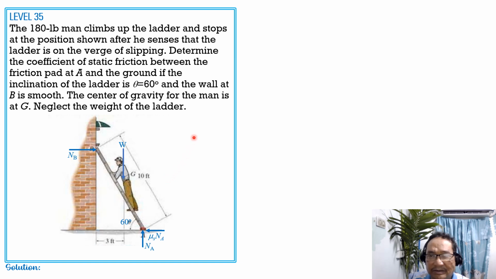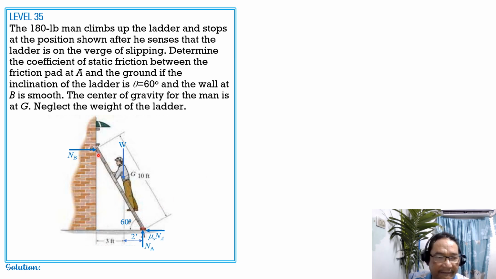So the horizontal projection of the length is hypotenuse 10 times cosine 60, so that's 5 feet. Since the distance from B horizontally to the center of gravity is 3 feet, and this must supposedly be 5 feet, therefore this distance is 2 feet.